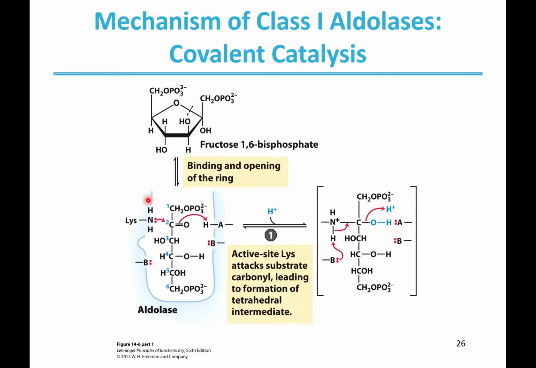One thing that's unique is that it's using a lysine in its active site. That lysine is going to attack carbon 2 on fructose 1,6-bisphosphate, and it forms a tetrahedral intermediate that's covalently bound to the enzyme.